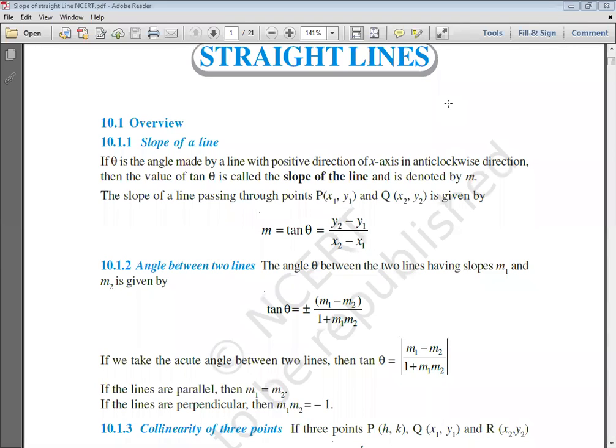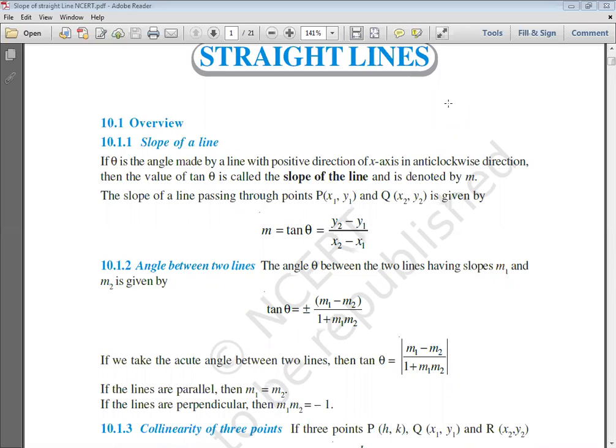Suppose a line is inclined with the positive direction of the x-axis at 30 degrees. This 30 degrees is not the slope. This 30 degrees is the inclination of the line with the positive direction of the x-axis. Inclination is not slope. Slope is defined in terms of inclination. So slope is defined as the tan trigonometric ratio of the angle.